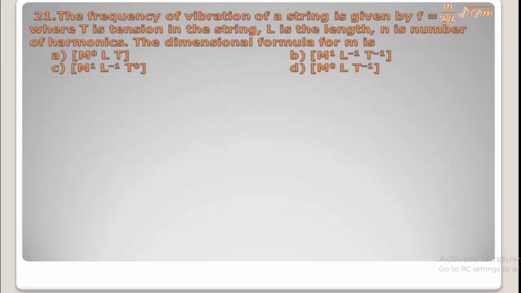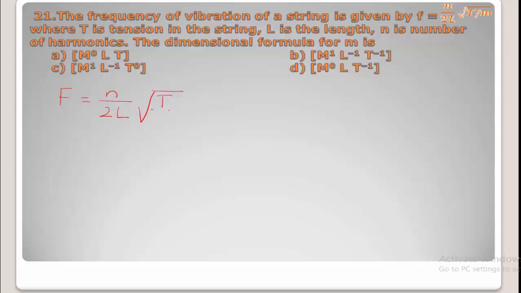The next question is, the frequency of vibration of a string is given by F is equal to N divided by 2L into the square root of T divided by M, where T is tension in the string, L is the length. The dimensional formula for M is?